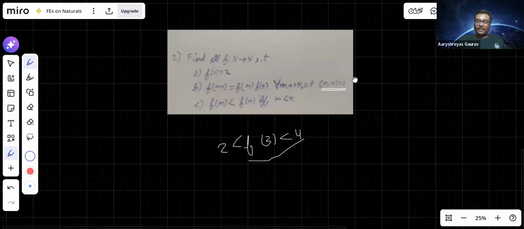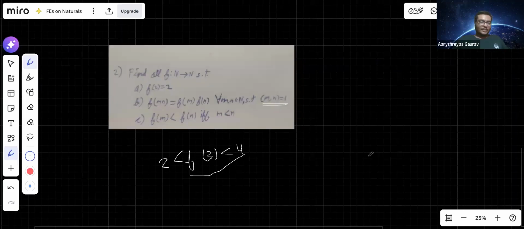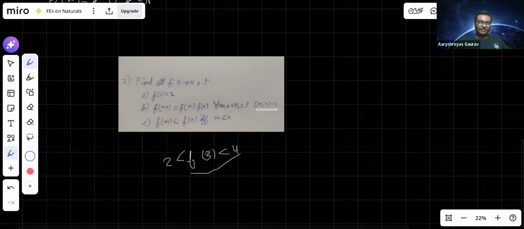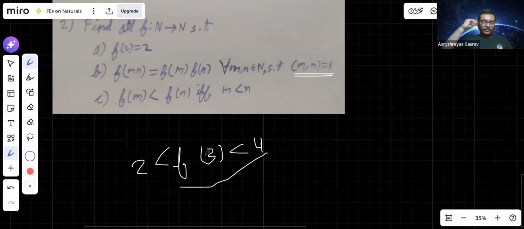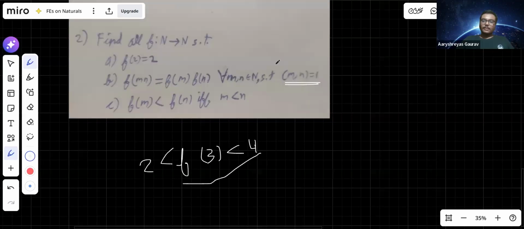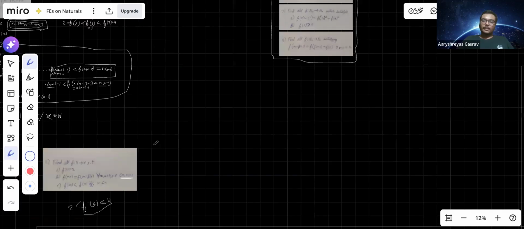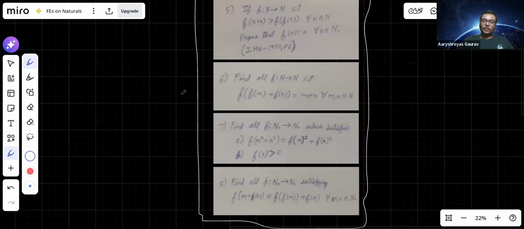So all of the problems that we are going to discuss are from BJV actually. Even these four nice problems that I've given in here are also from BJV book.